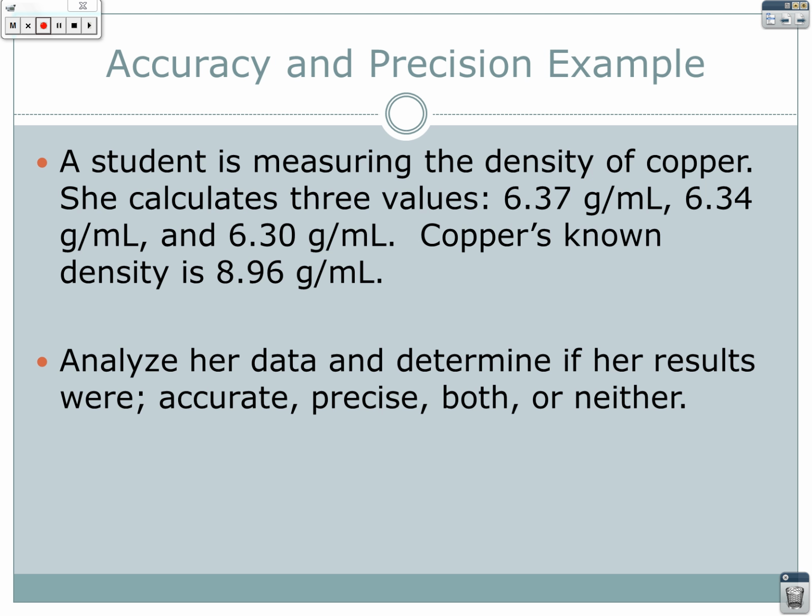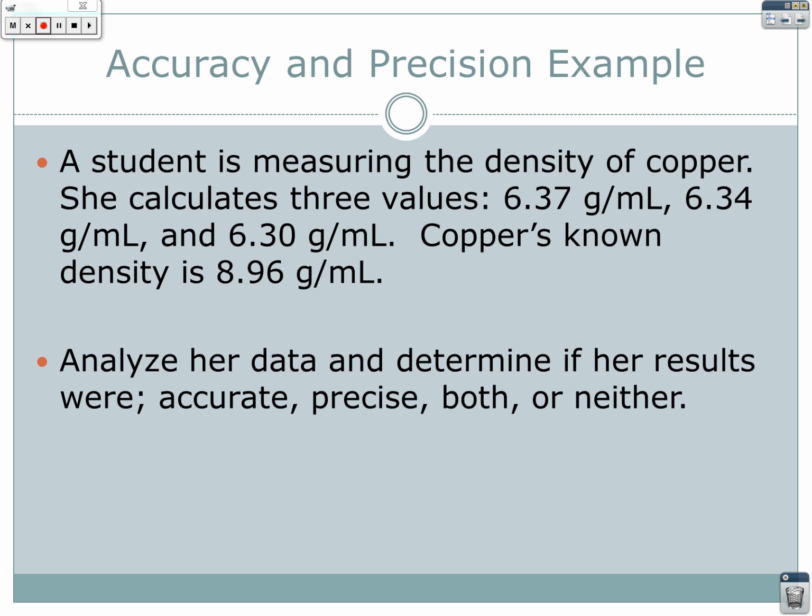So let's talk about an example here. I have a student, and they're measuring the density of copper. She calculates 3 values: 6.37 grams per milliliter, 6.34 grams per milliliter, and 6.30 grams per milliliter. When she looks it up online, she can find that copper's known density is 8.96 grams per milliliter.